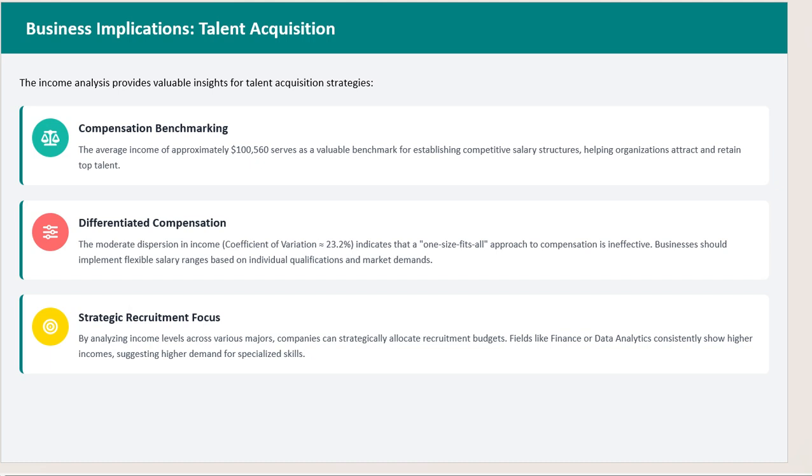But on the other side of things, the dispersion of the income might indicate that this salary structure might not be a one size fits all kind of thing. Business should implement flexible salary ranges based on individual qualifications, their areas of experience, their field of studies, and all those related factors.